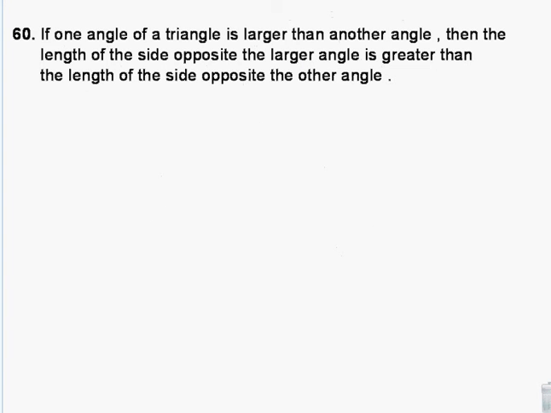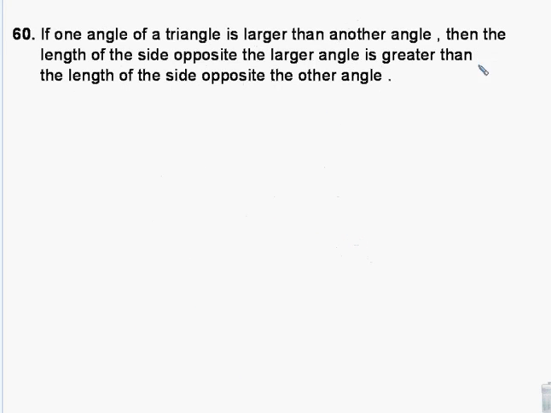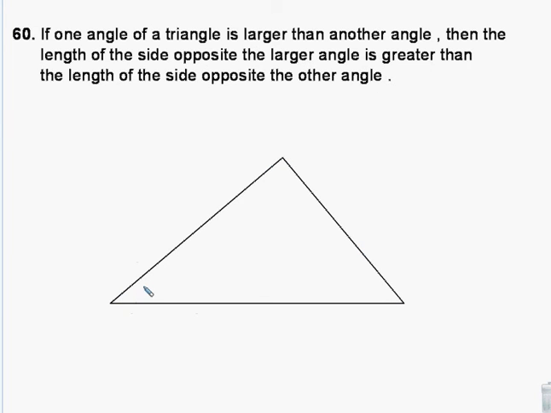And then if one angle of a triangle is larger than another, didn't I just do that? Oh, sorry, I drew that arrow the wrong way. I need to go this way. This is the longer sides make the bigger angles. And then if we come over here, we get the bigger angle makes the bigger side.